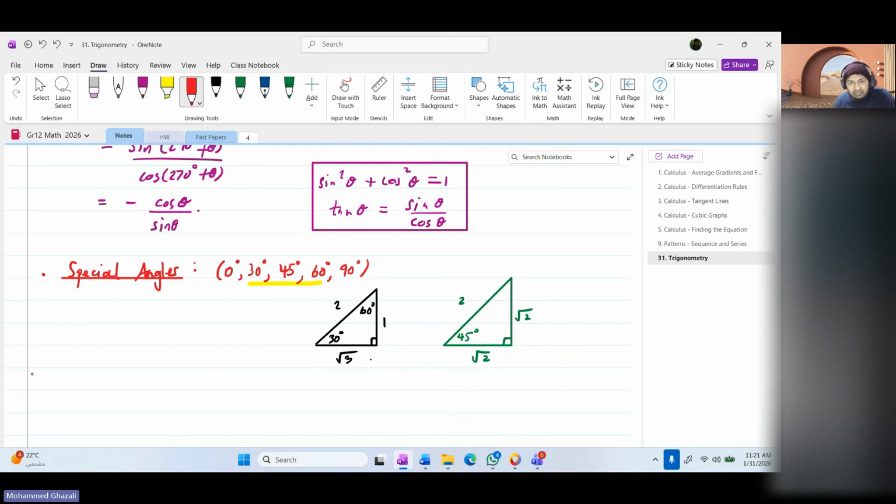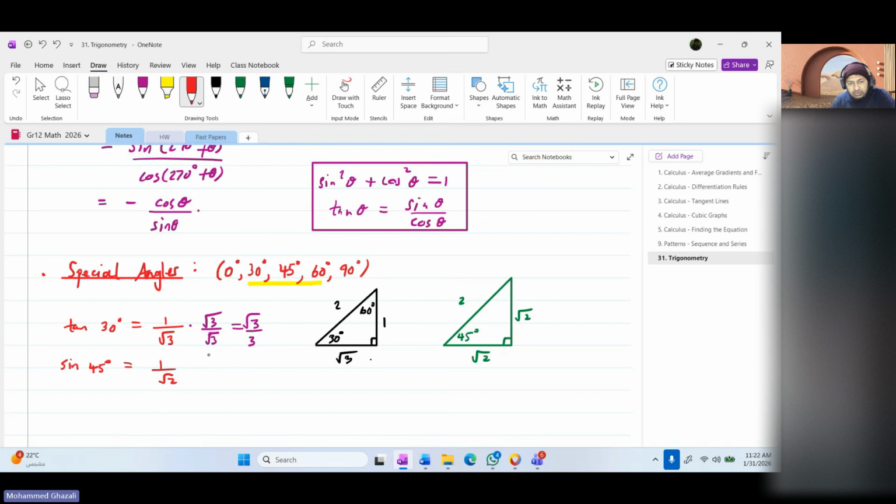Now, if you're trying to find what is tan of 30 degrees, it's going to be 1 over root 3. Now, you got to rationalize here. You're going to multiply by root 3 over root 3. So that's how you get root 3 over 3. I think if you type sine 45 and cos 45 on the calculator, you'll get 1 over root 2, right?